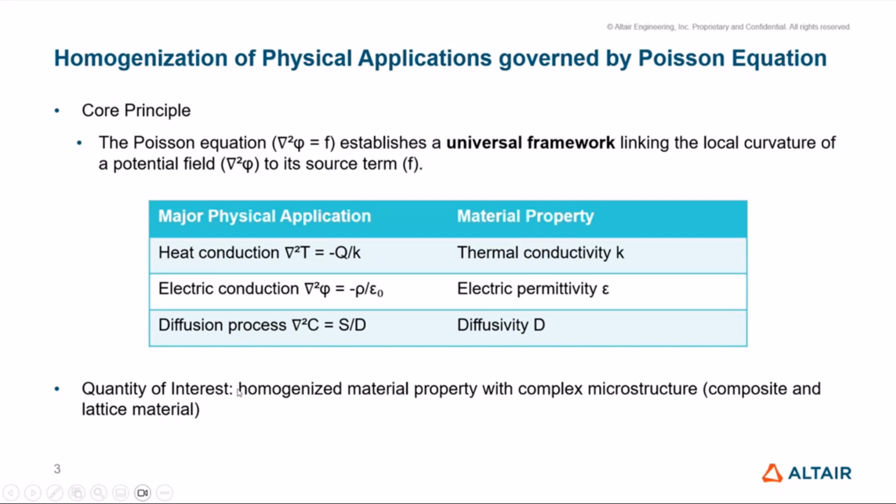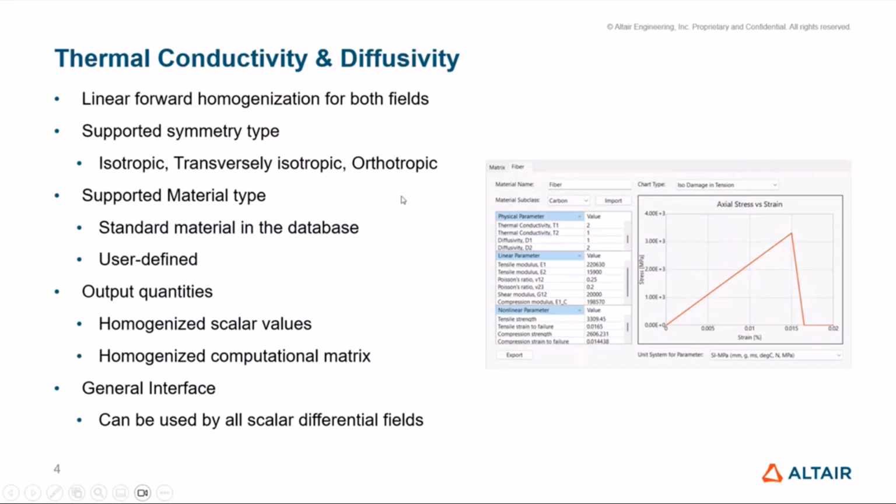The output of that analysis is one forward run, and you will get the homogenized material properties of microstructures for composite and lattice materials concerning these kinds of physics. The implementation, which was the philosophy with the entire new GUI, is to implement a similar feature, but implement it better. So we split the material input into physical parameters, linear elastic and non-linear mechanical parameters.